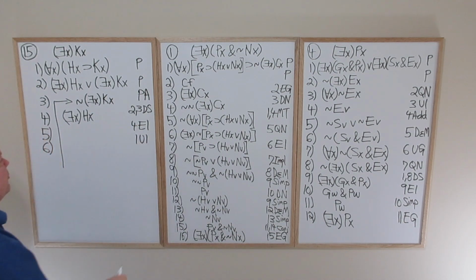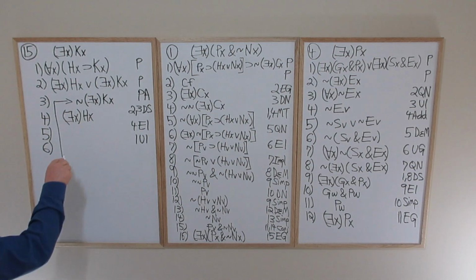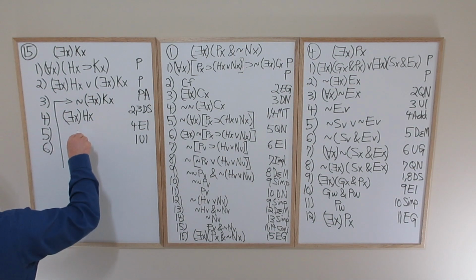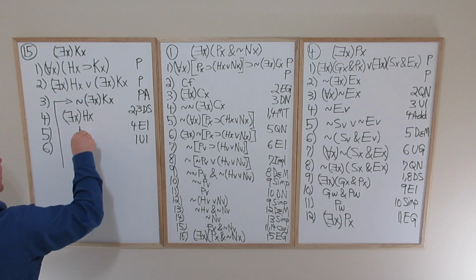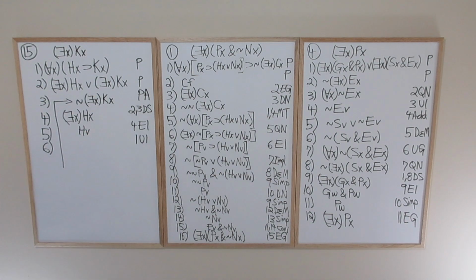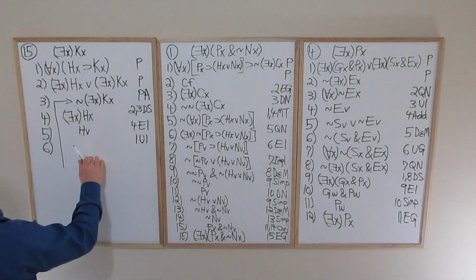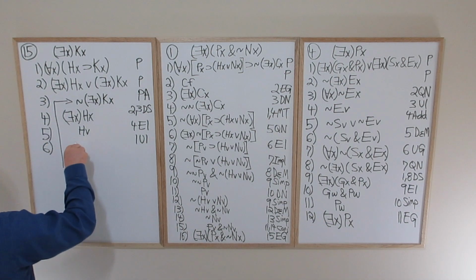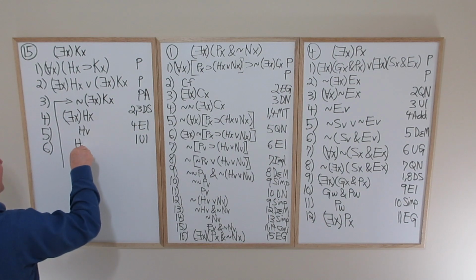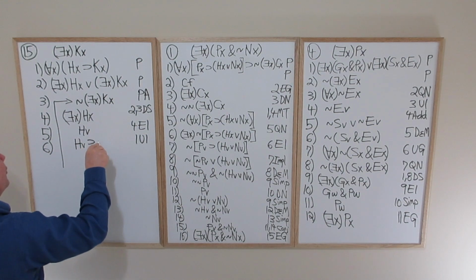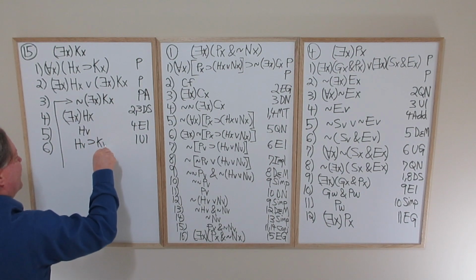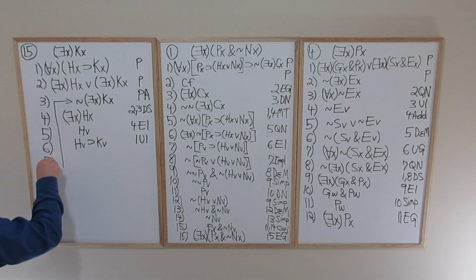So we'll do the one with restrictions first, follow that by the UI. So if there's at least one x such that x was born in Hungary, then unspecified v was born in Hungary. If all x are such that if x was born in Hungary, then x has been to Krakow, then if unspecified v was born in Hungary, then unspecified v has been to Krakow.